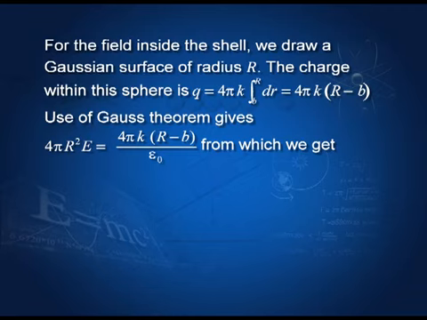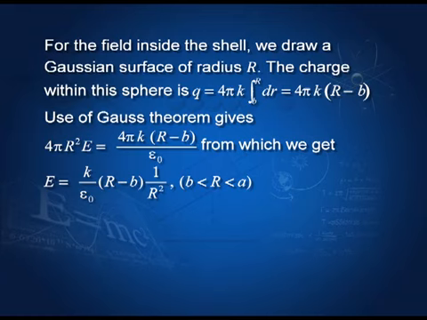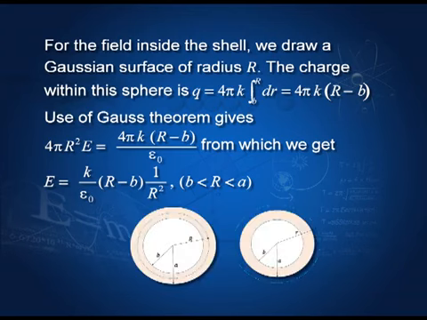Using Gauss theorem now, 4 pi capital R squared times E is equal to this charge which we have just found divided by epsilon 0, from which we get E equal to k by epsilon 0 into (r minus b) by r squared for a point between b and a, that is inside this thick shell. So, that is the field, and you can see that if you make r equal to a, then we will get the same result as we did earlier.